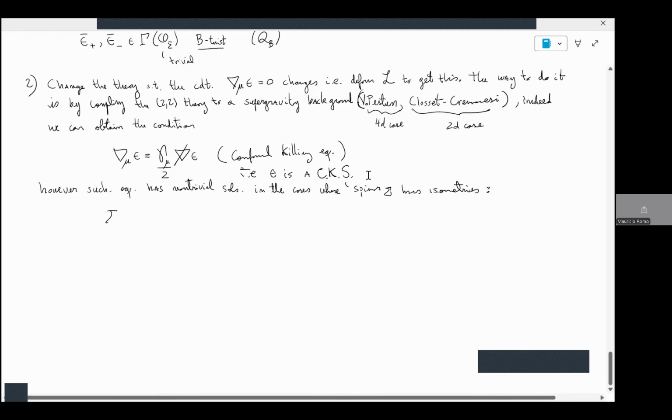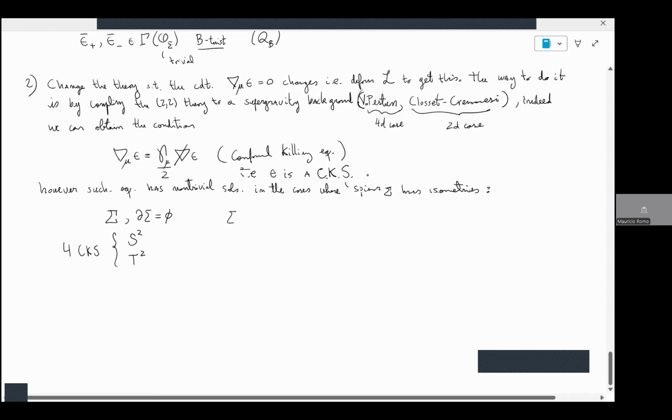When sigma has no boundaries, the only cases where you can solve this equation non-trivially are S2 or the torus. The torus is not that exciting because it's flat space again. In these two cases, you have 4 conformal Killing spinors.